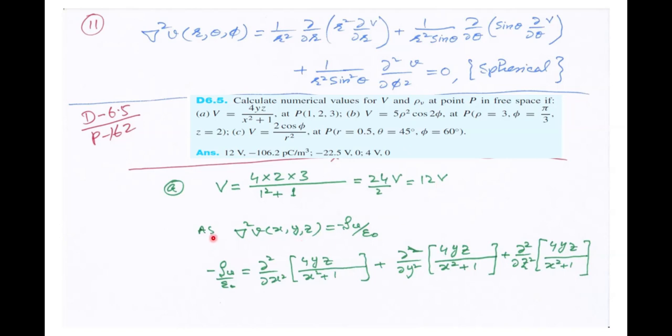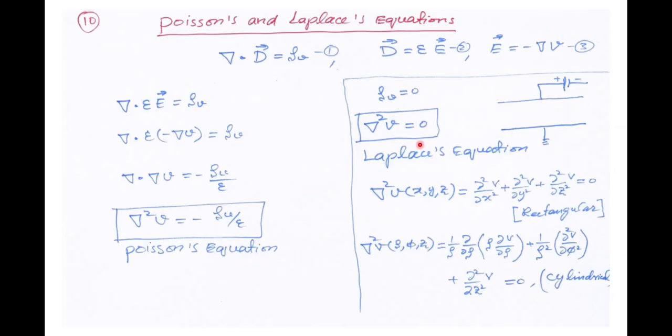So now we are going to calculate the volume charge density using the Poisson equation, that is, how to obtain the volume charge density using the Poisson equation.